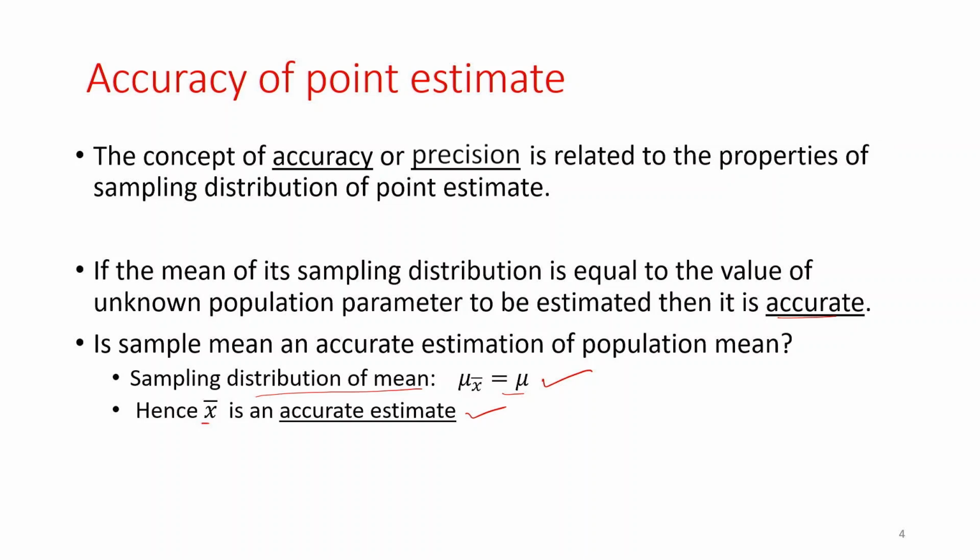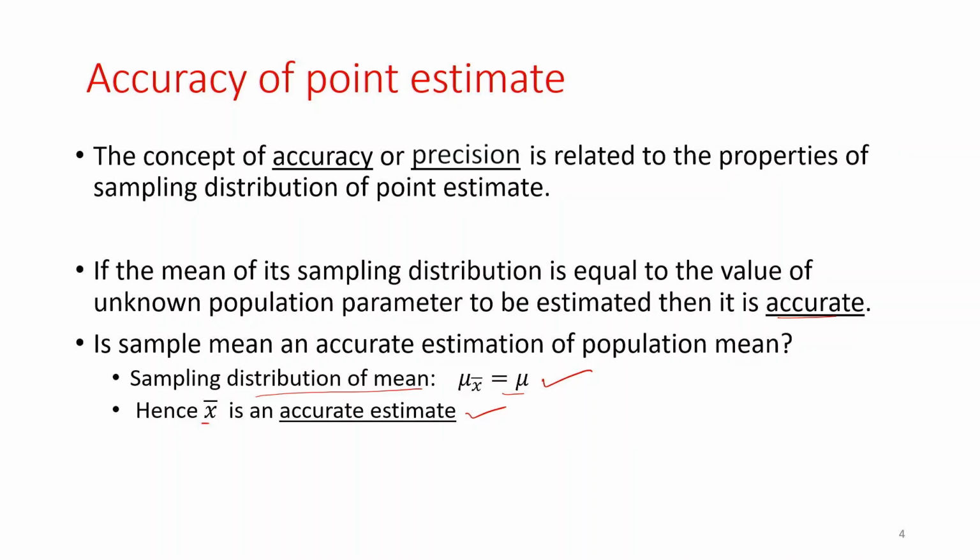We have learnt this earlier based on our central limit theorem, that if we collect samples from any population, irrespective of whether the population is normal or not, but if we keep taking samples which are large in size especially, then if we find the mean of samples and keep repeating it and find a large number of sample means, and then we plot these sample means, we'll find a distribution of sample means.